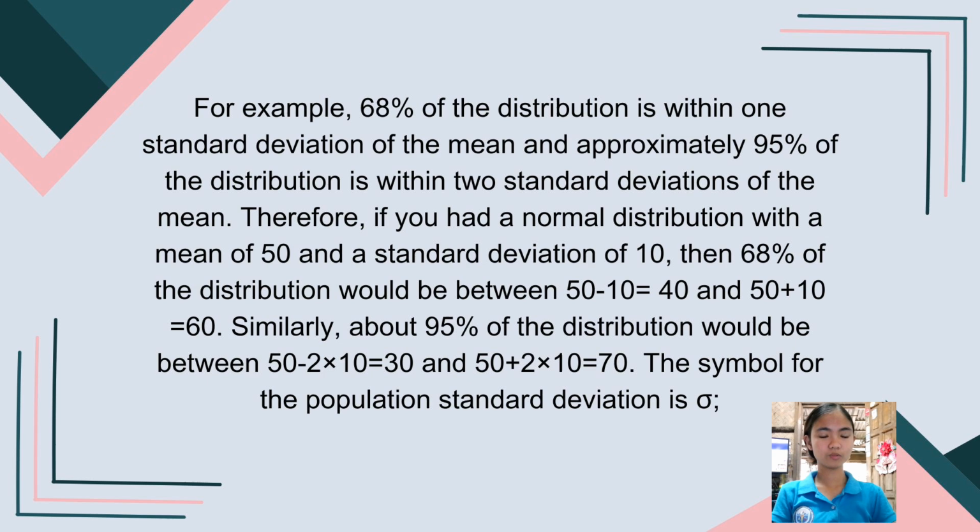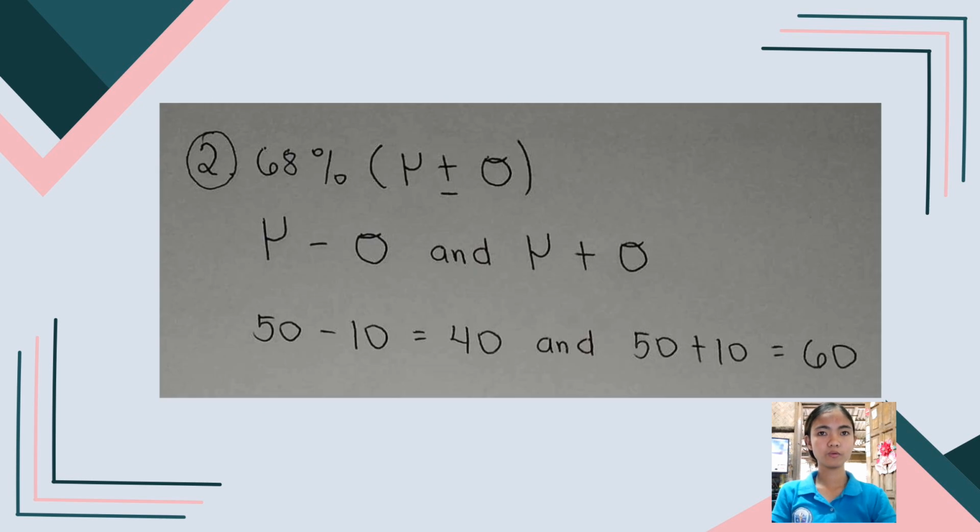The problem provides an example of a normal distribution with a mean of 50 and a standard deviation of 10. According to the empirical rule, 68% of the data falls within one standard deviation of the mean.